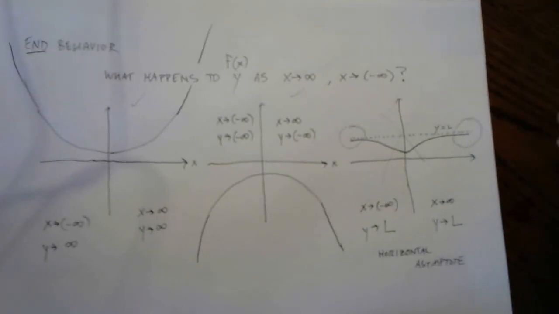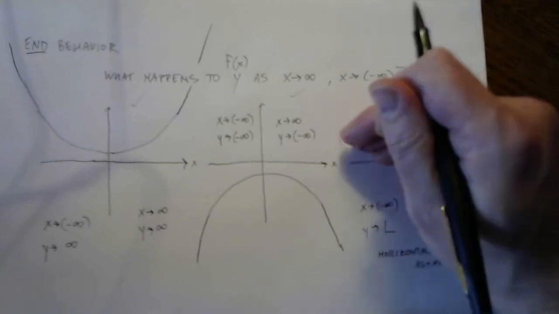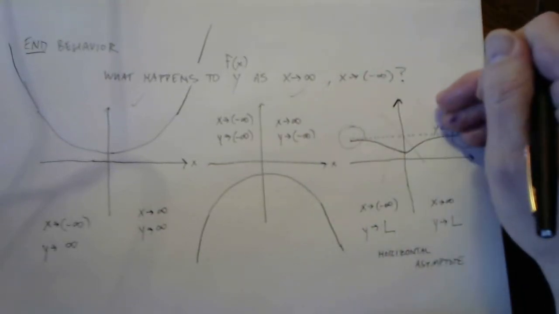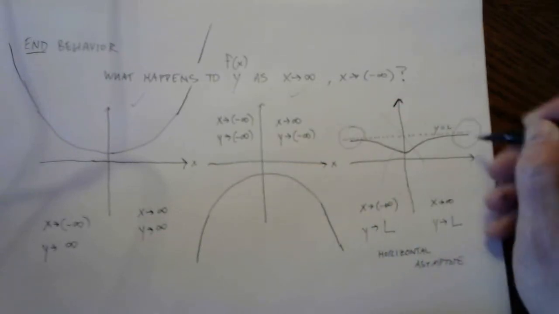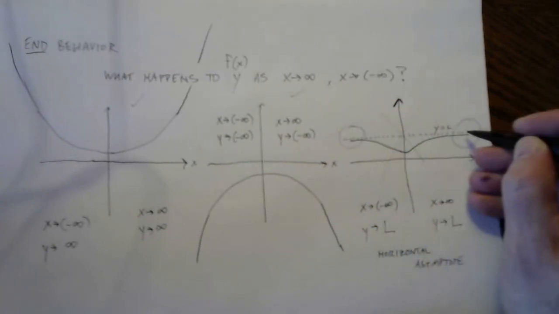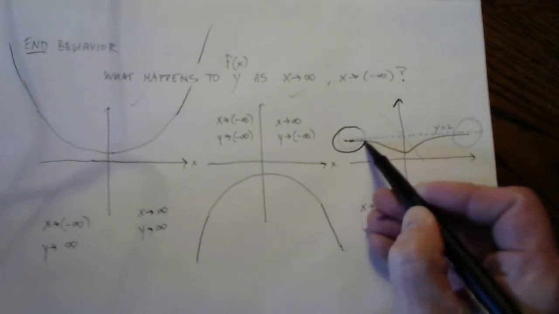So the more interesting case is in either direction, and it only really has to be one direction, but it's typically both the same idea. You approach a value, L. And in this graphical example, this is L, whatever it is, y equals 2. So we're going to approach out here.